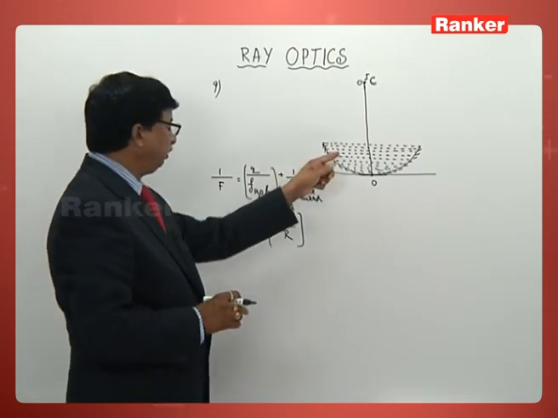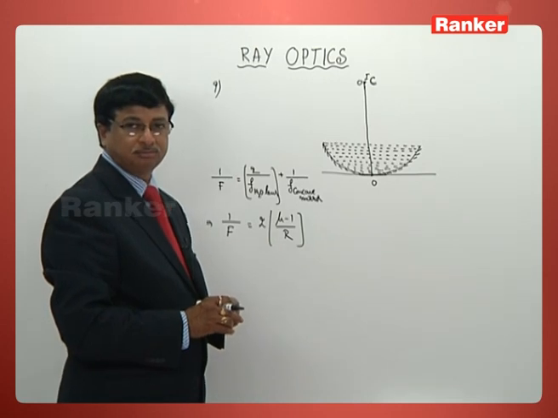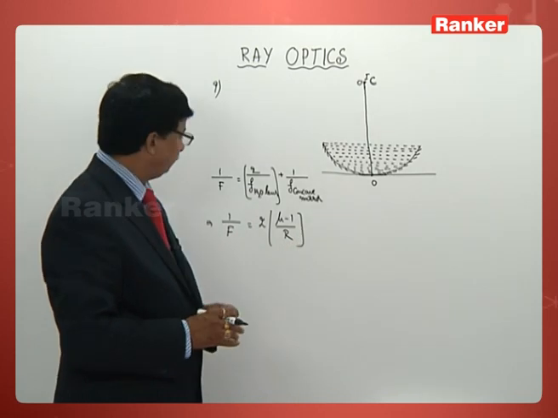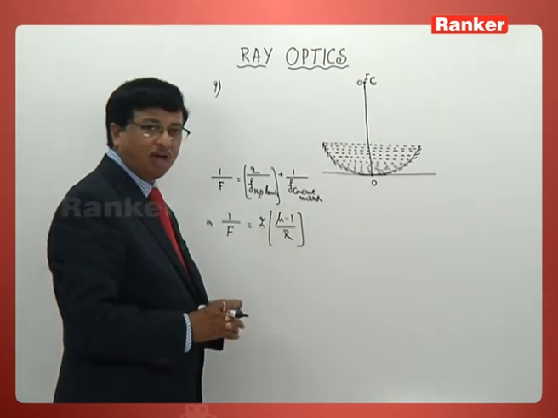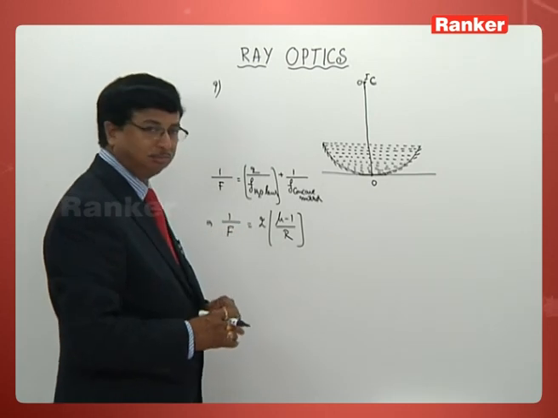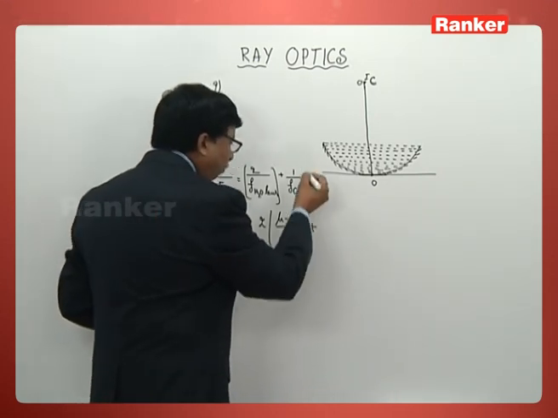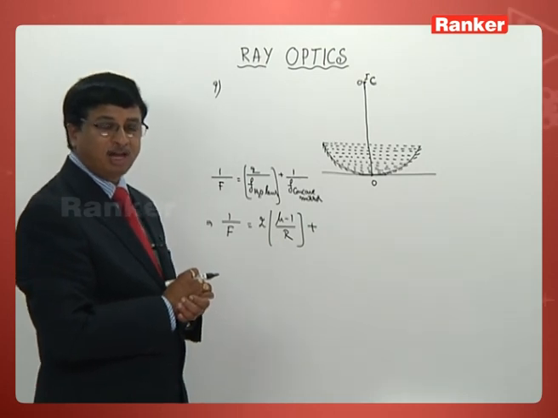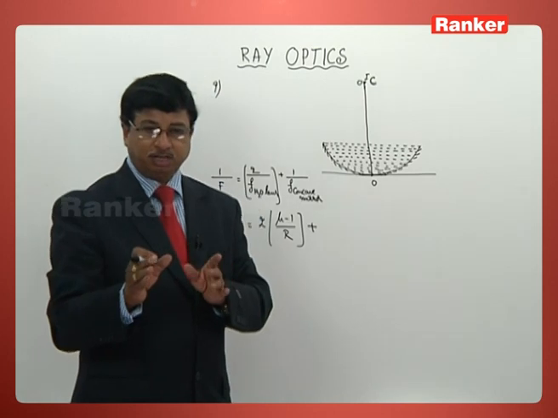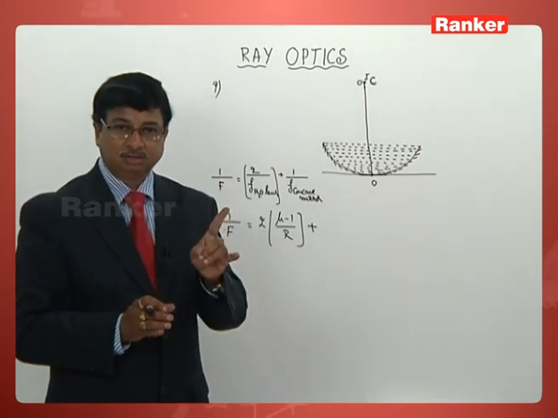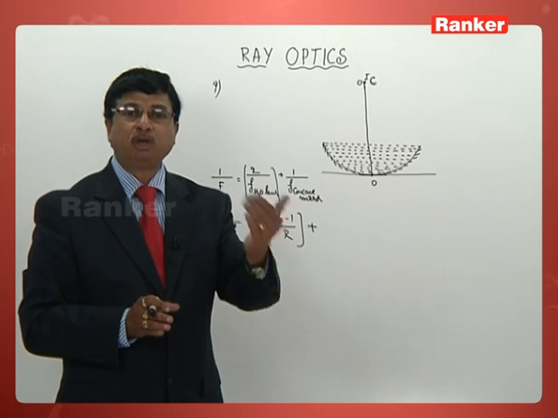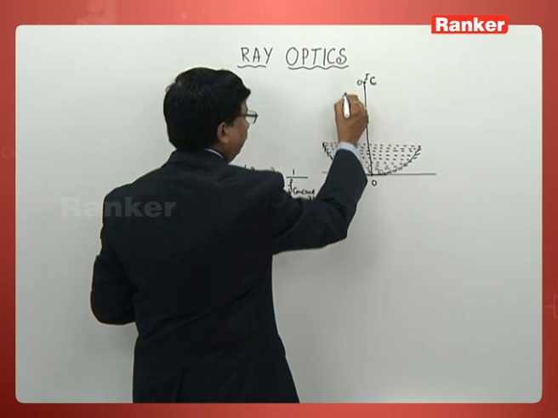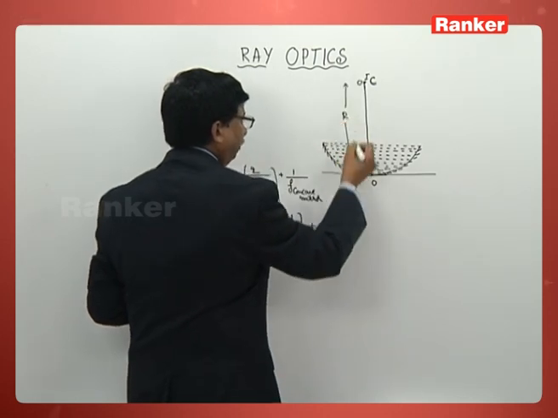Mu is the refractive index of the water, the medium considered over there. Then twice mu minus 1 by r will be this value, plus 1 by focal length of the concave mirror. In fact, we all know that if the radius of curvature is r, the focal length will be r by 2. And in this particular case, this distance is given as r only. You can all understand that is the radius of curvature.